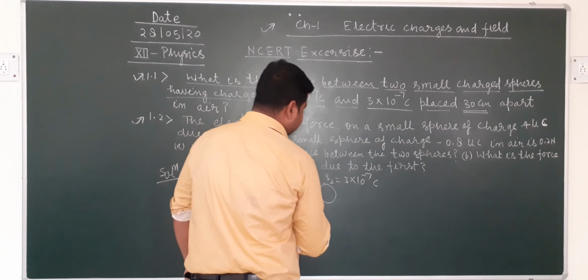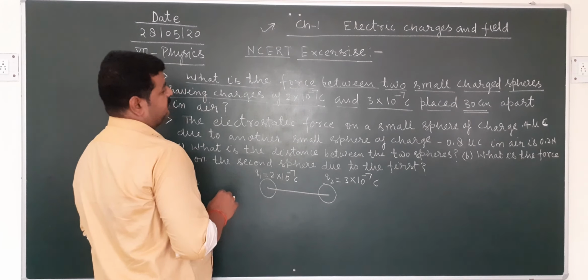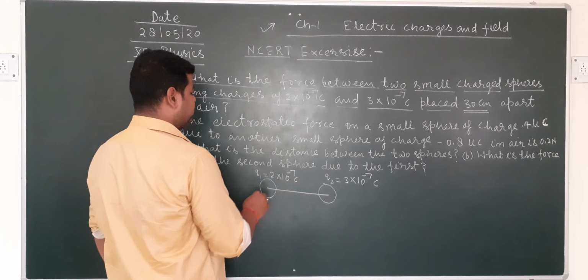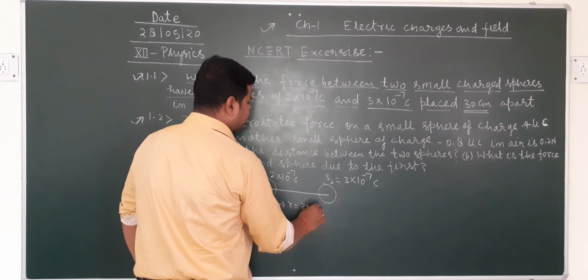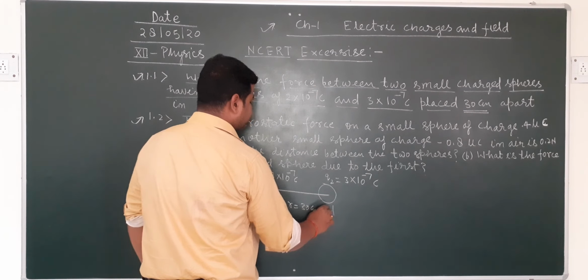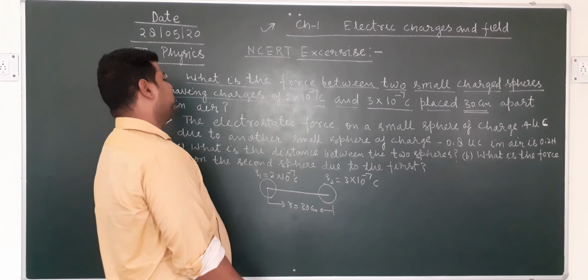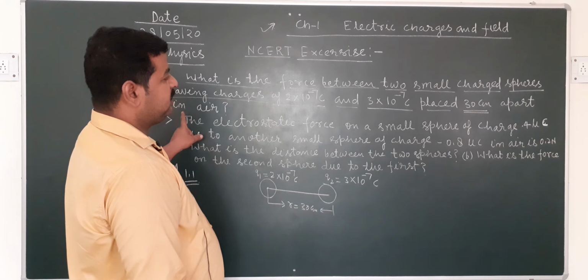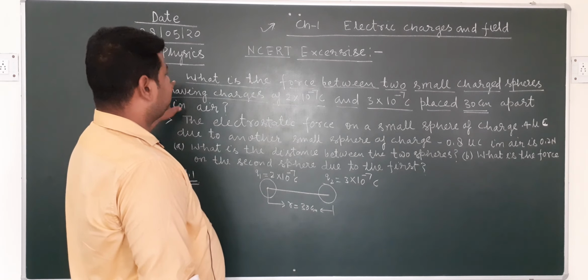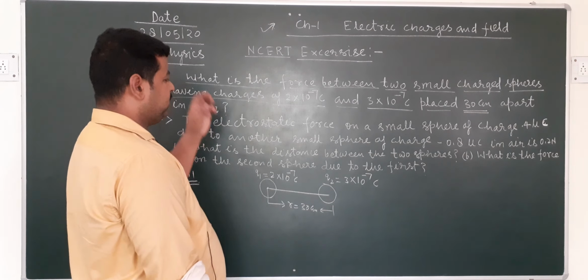The distance between the two charges is given as 30 centimeter. Distance is represented by R, so we write R is equal to 30 centimeter. Clear? This is the distance between these two spheres. We want to calculate the force between these two charges.